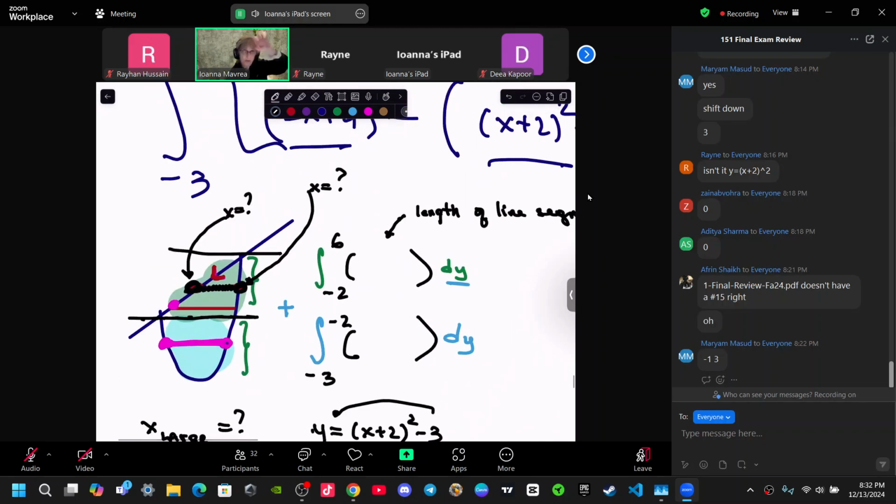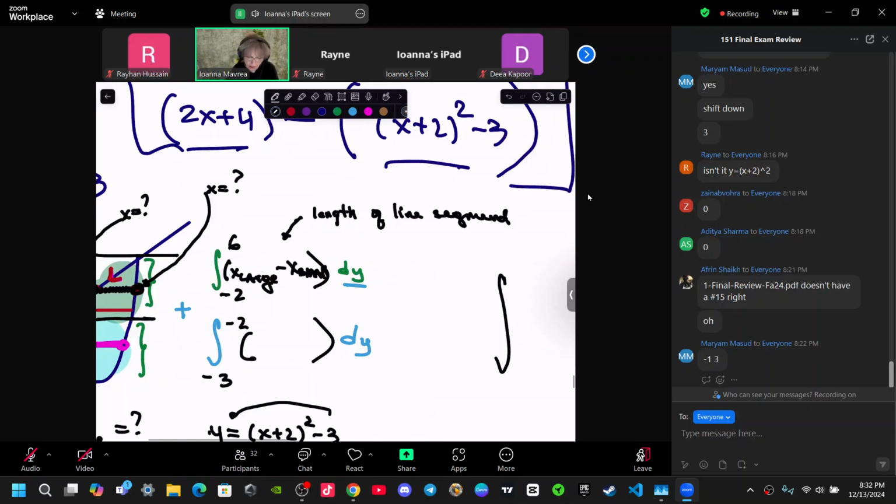So the green area, again, you integrate with respect to y because you're going up and down with your line segment. It goes from y equal negative 2 to y equal 6, and from the large x you take the small x.